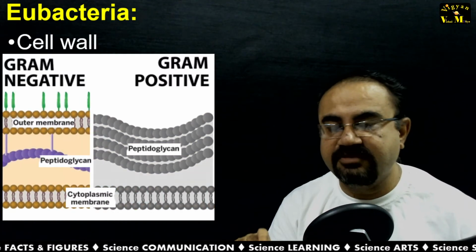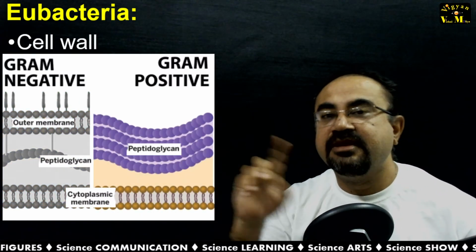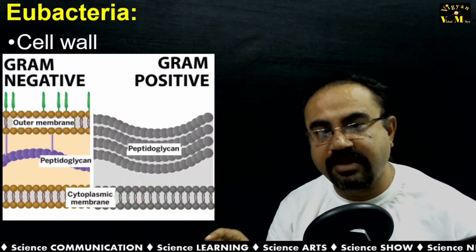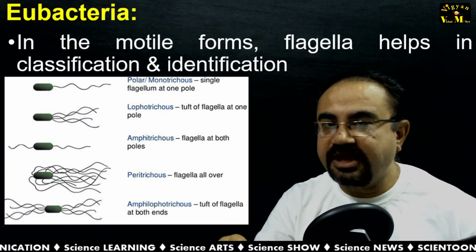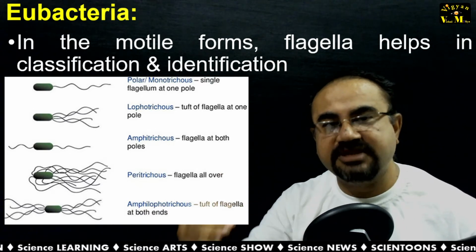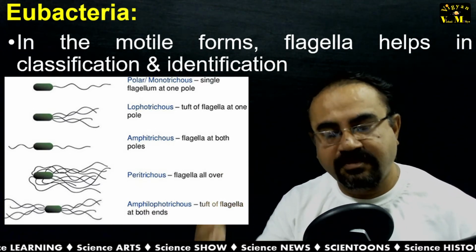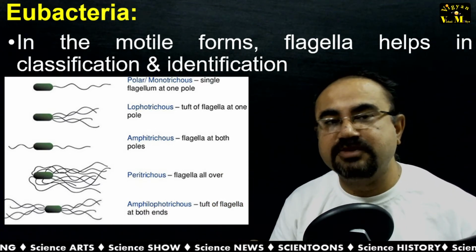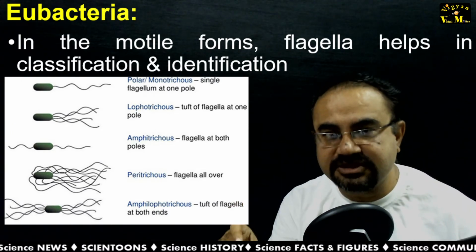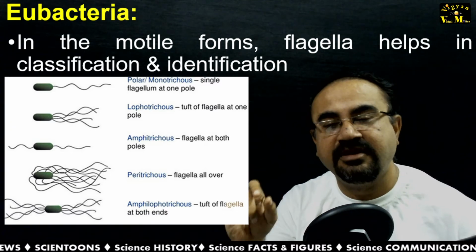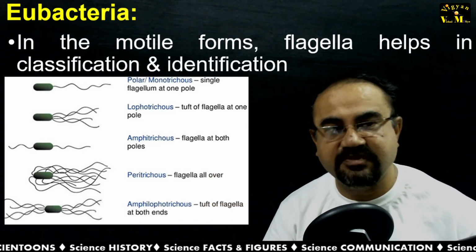On the basis of cell wall, we are classifying them into gram positive and gram negative bacteria, that is the staining process. If they are motile, the flagella which is helping them in motility can be useful for classification purposes. On the basis of the presence of flagella and where it is present, we can classify them.